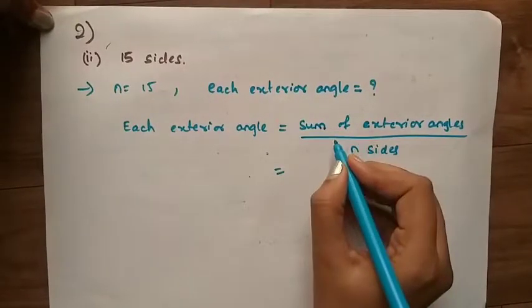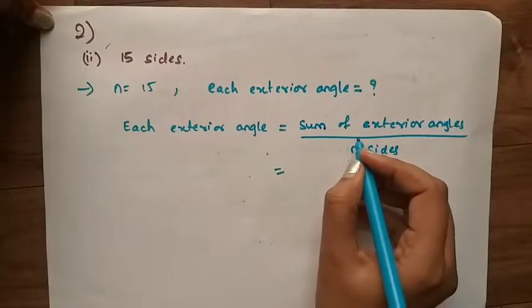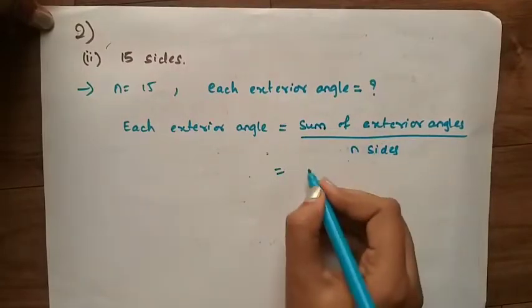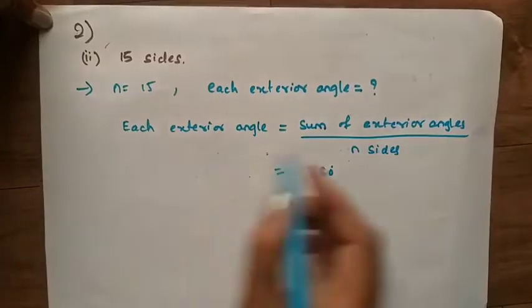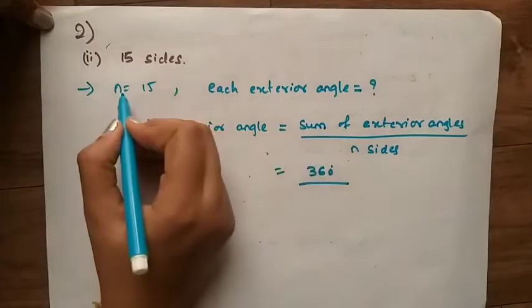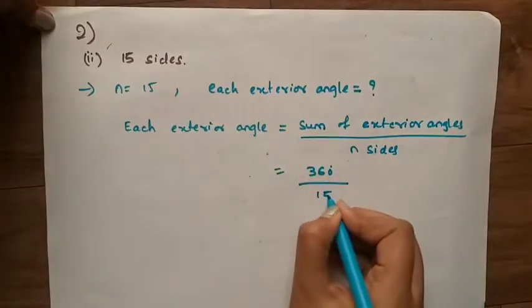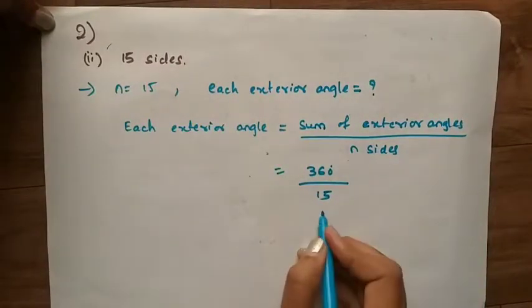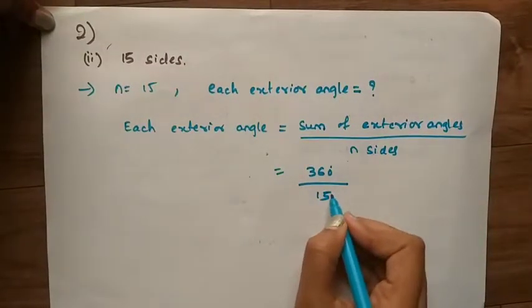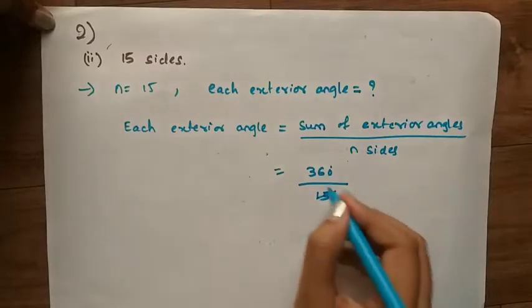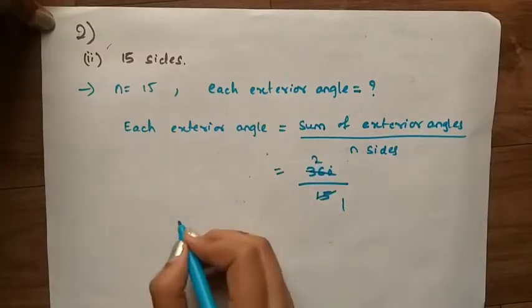Here we know that the sum of exterior angles of any polygon is 360 degrees, divided by n sides. Here n is how much? 15. The number of sides is 15. So write 15 here. Now make it divide here. 15 ones are 15, 15 twos are 30.